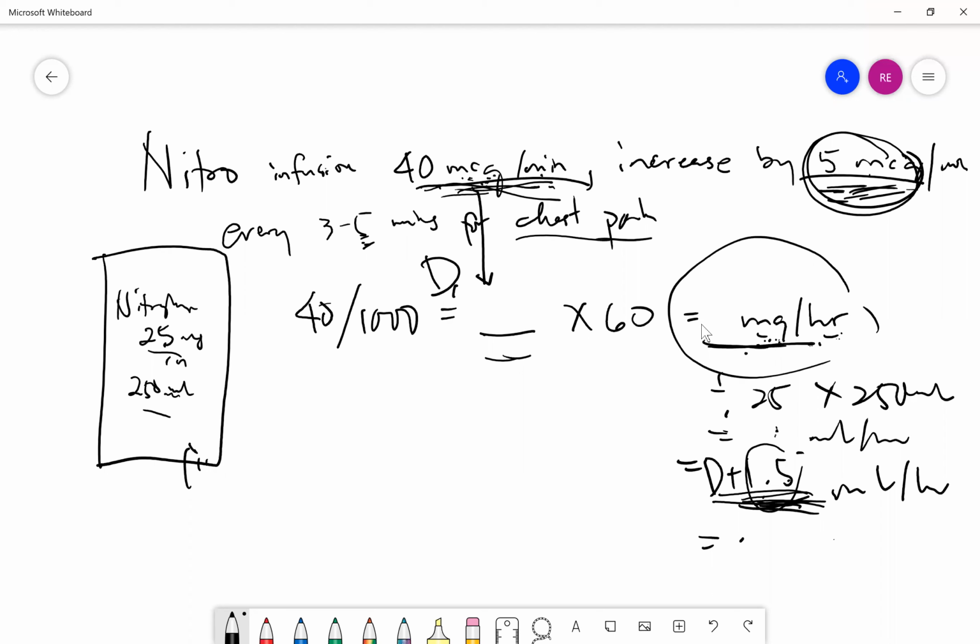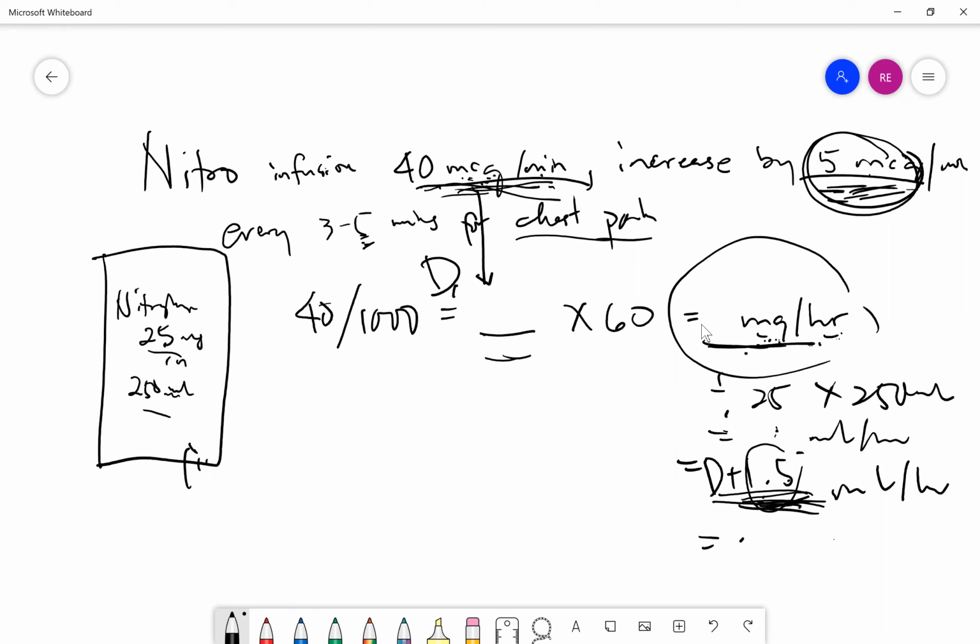Cath lab comes, they'll pick up your patient, so they'll take them with your nitroglycerin infusion. On top of this, the patient may also receive heparin to prevent new clots from forming, so that you don't get another MI on another coronary artery.